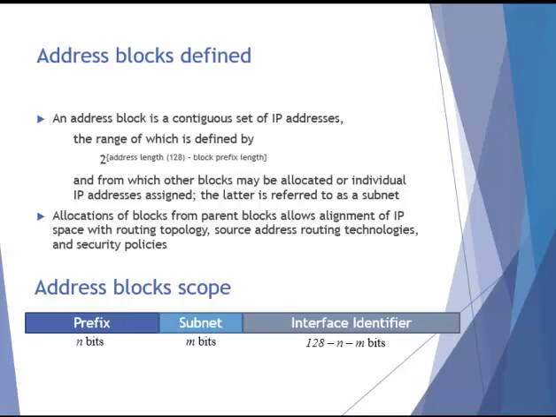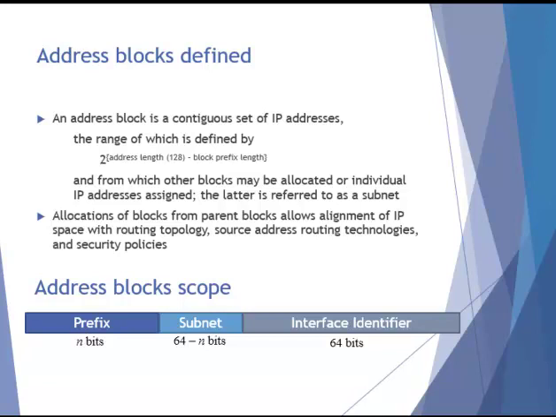Now, within the IPv6 specifications, the prefix is n bits, the subnet ID is m bits, and thereby leaving the host identifier as 128, of course being the full IPv6 address, minus n minus m bits. Now, of the unicast address space that has been deployed so far by the internet, it requires a 64-bit interface ID.